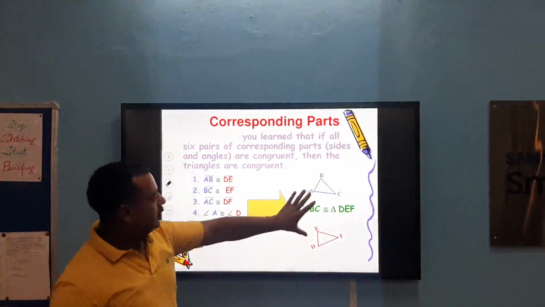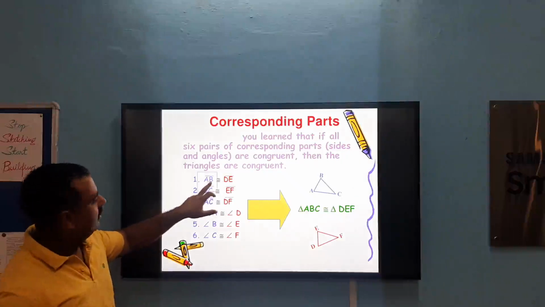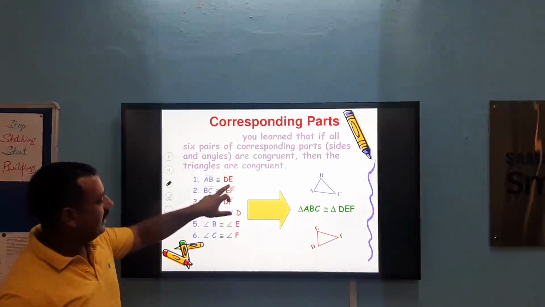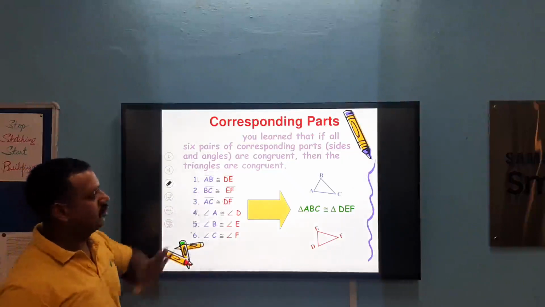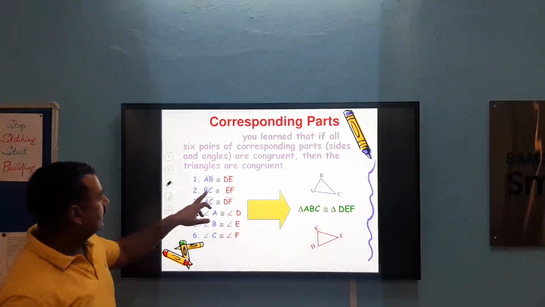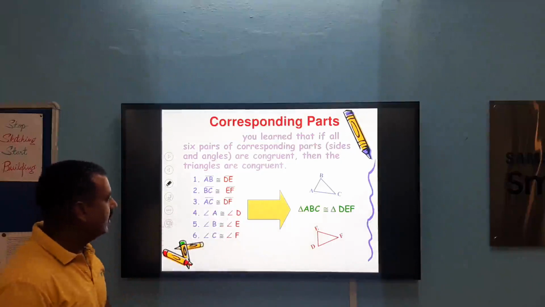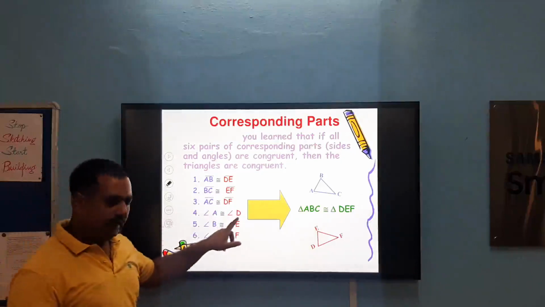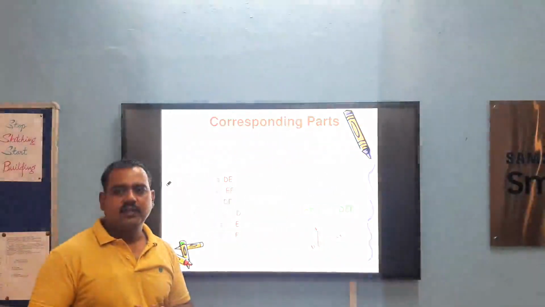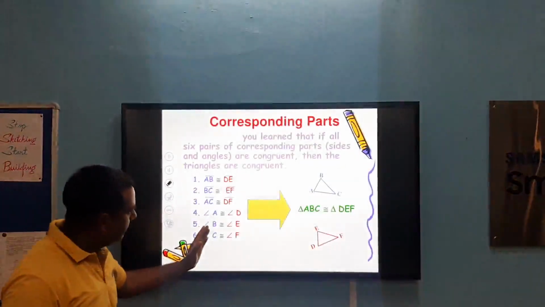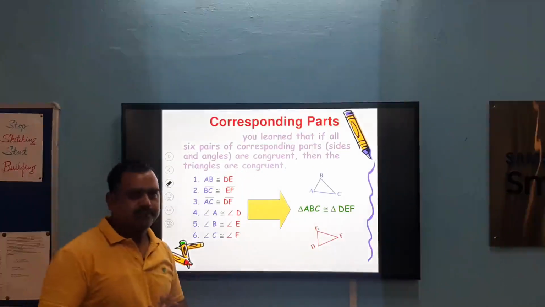Side AB corresponds to side DE, and here we use the symbol of congruency. It means side AB is equal to side DE. Side BC is equal to side EF, side AC is equal to side DF, angle A is equal to angle D, angle B is equal to angle E, and angle C is equal to angle F. Here the 6 parts of triangle ABC correspond to the 6 parts of triangle DEF.